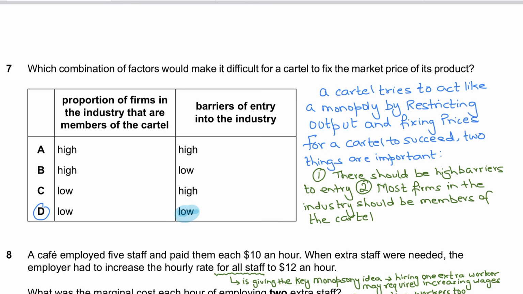That is what will make it difficult for the cartel to fix the market price and sustain it and run it at that cartel price, right? So question number 7 has to be D. Which combination of factors would make it difficult for a cartel to fix the market price of its product? The proportion of firms in the industry that are members of the cartel has to be low, and barriers to entry into the industry has to be low as well, right?